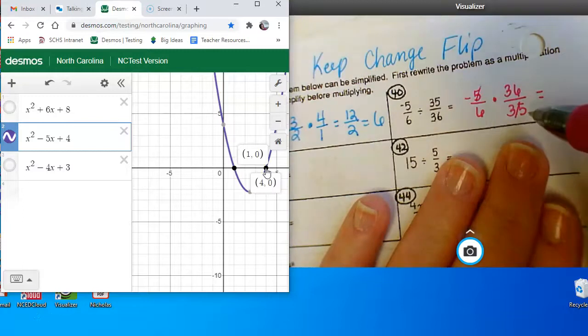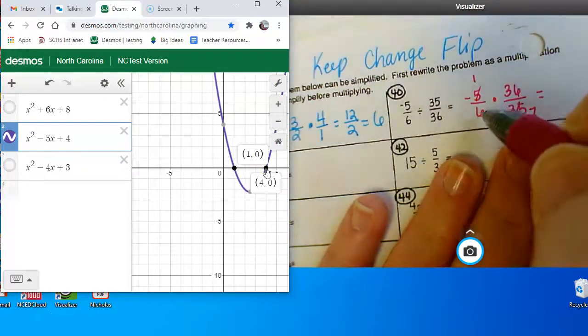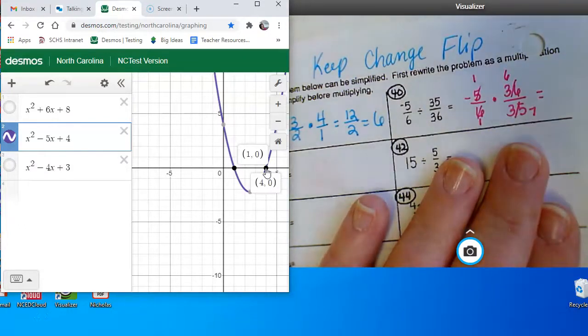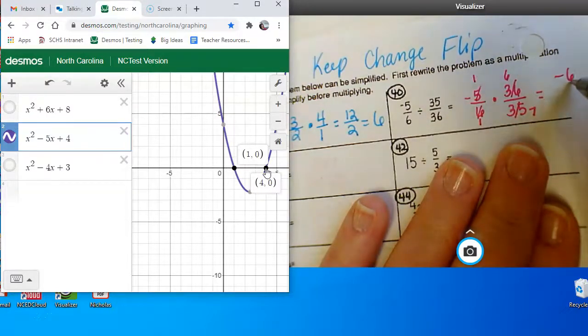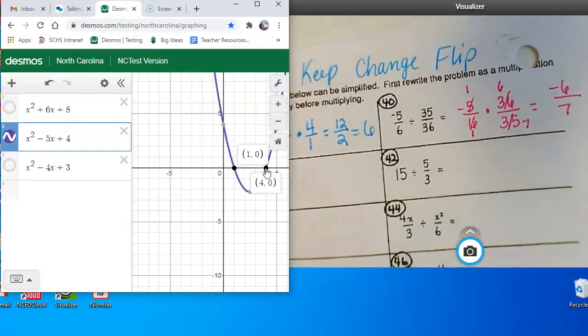You get a 1 there and a 7 here. You can divide the 6 and the 36 all by 6. That's a 1 and that's a 6. And then multiply. Negative 1 times 6 is negative 6. 1 times 7 is 7. That would be another way to solve it. You can either just multiply on top and get the answer in the bottom and then divide. Or you can simplify as you're going on top and bottom, kind of like what we've been doing.